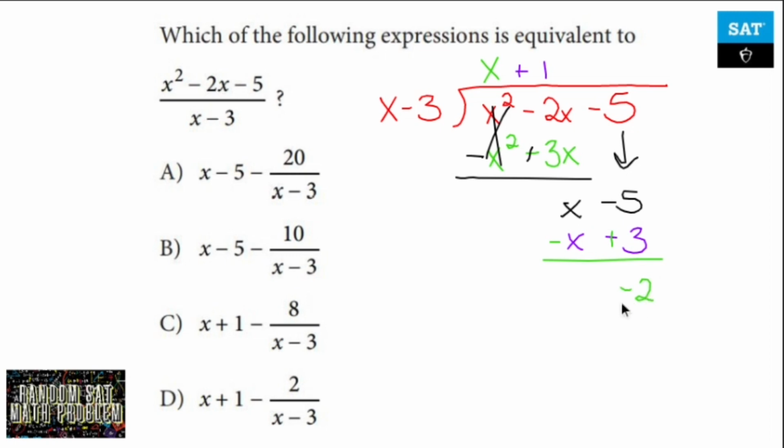Now, when you have a remainder of negative 2, you make that a numerator of a fraction whose denominator is the factor. So if I were to write all this out, x plus 1, let's bring the negative out front, minus 2 over x minus 3. The answer is D.